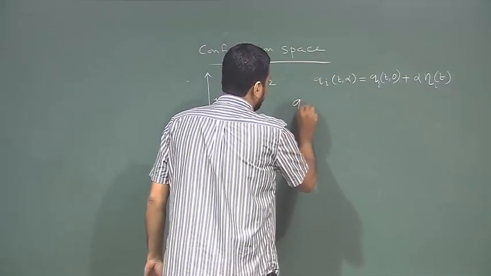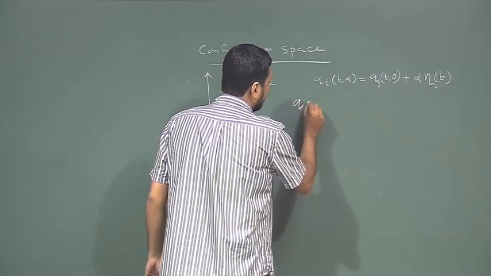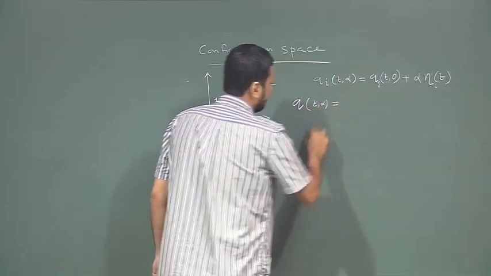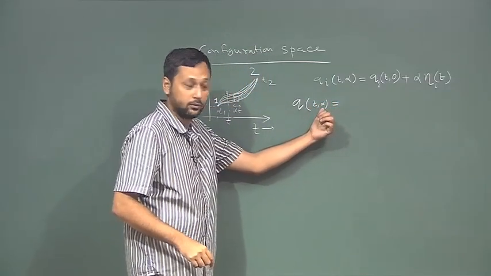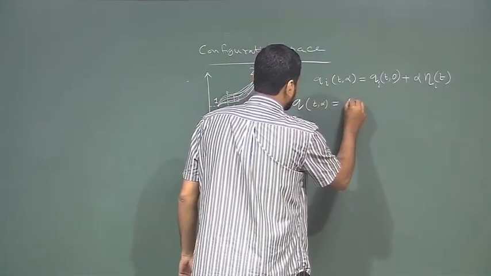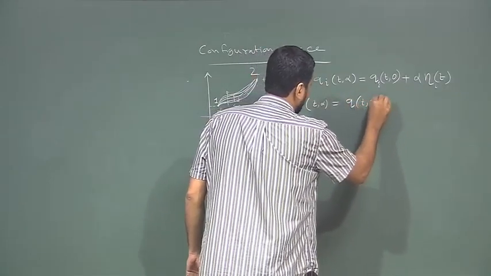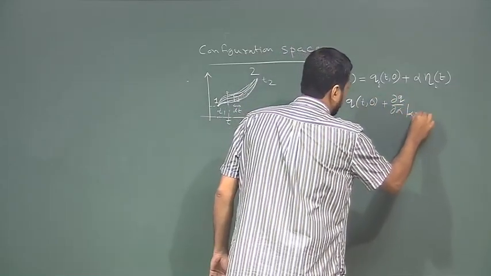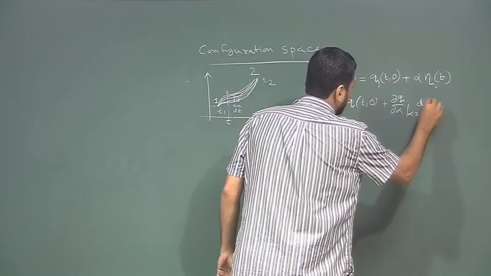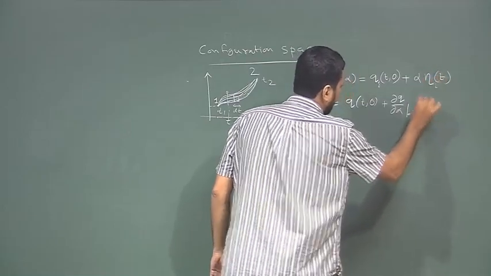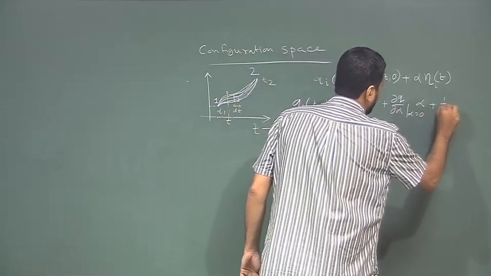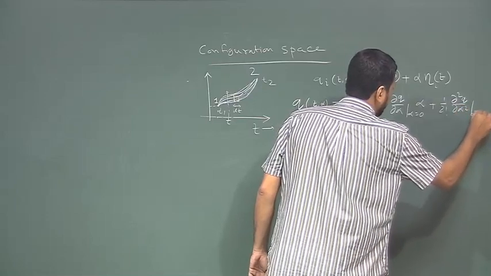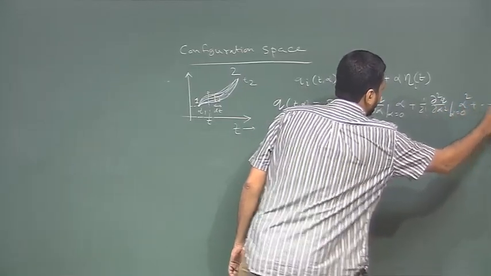So q of t, alpha, if I take a Taylor series expansion around alpha equal to 0, will be q of t, alpha equal to 0, plus del q del alpha at alpha equal to 0 times alpha, plus 1 by 2 factorial del 2 q del alpha square at alpha equal to 0 times alpha square, and terms like that.